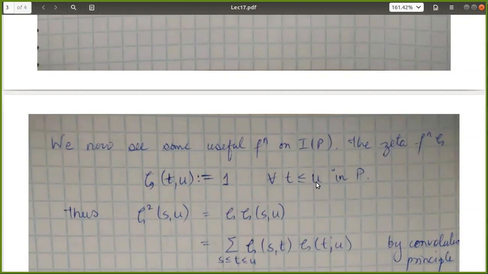So in that fashion, for any function f from Int P to K, you also assume that the interval you choose from Int P is of the form ST with S less than or equal to T, and therefore I care only about such elements. So the definition of zeta of TU being defined only for T less than or equal to U suffices. This definition is complete here.